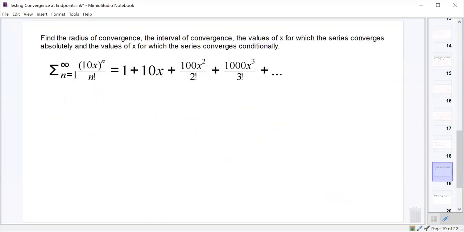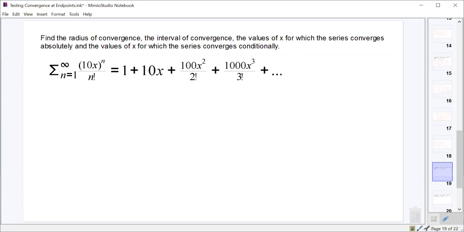All right, let's take a look at this one. So first thing we need to think about is, are all the terms positive?